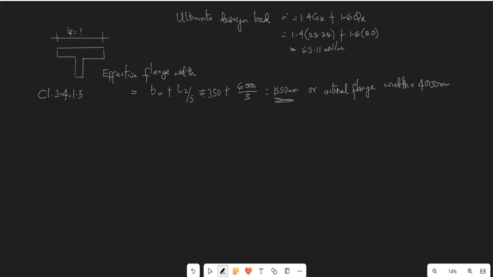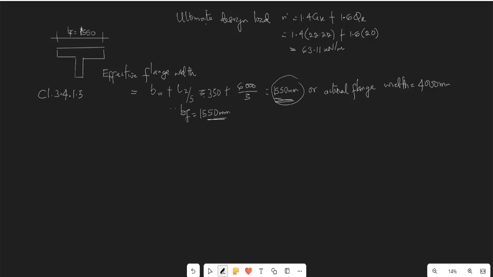So whichever is less. Which is less? Obviously this. So our flange width now is equal to 1550. Therefore, BF is equal to 1550 mm.